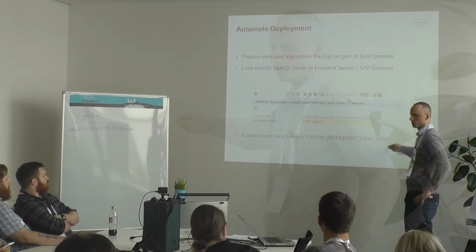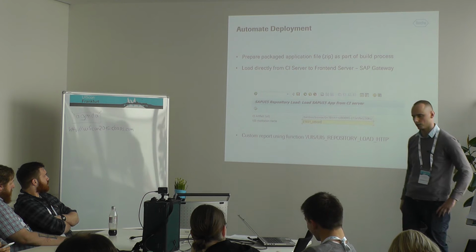So there is no authentication step, and our artifacts repository is not publicly available. So we have just a simple step, which is downloading the file, uploading it to the cache on the ABAP server, and then calling the standard function for upload.